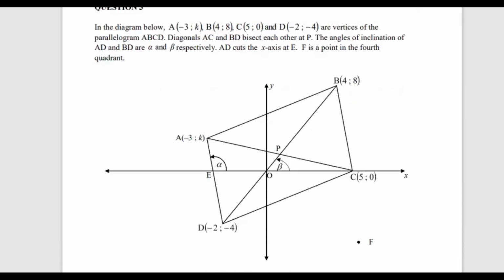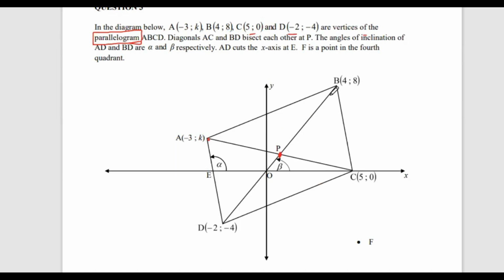All right, question number 3, which is the analytical geometry. In the diagram below, we have A, which is (-3, k), and then B, which is (4, 8), C is (5, 0), D is (-4, ...), the vertices of a parallelogram. When they talk of a parallelogram, let's remember the properties of a parallelogram. We know the opposite sides are parallel, opposite sides are equal, but what is very important is that the diagonals bisect each other.